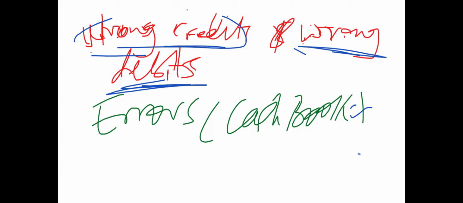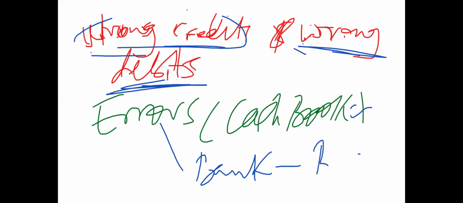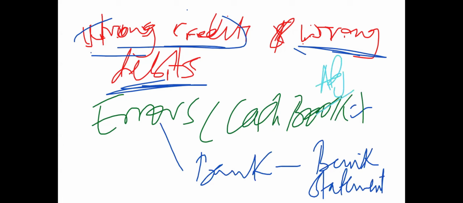But when an error has been committed by the bank, then that error is supposed to be corrected from the bank statement. That is very important. An error that has been made in the cash book should always be corrected in the adjusted cash book.